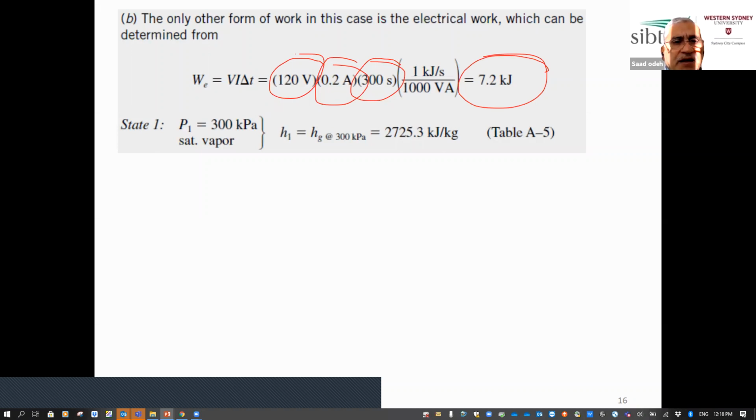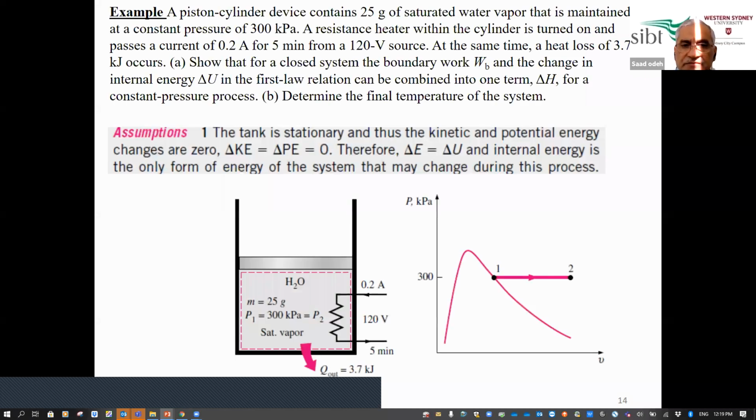And then to find other values of H, remember we said we need to find H. We can easily find H1 because we know the pressure and we know it's saturated steam, which means it's right at the boundary of the saturation line.